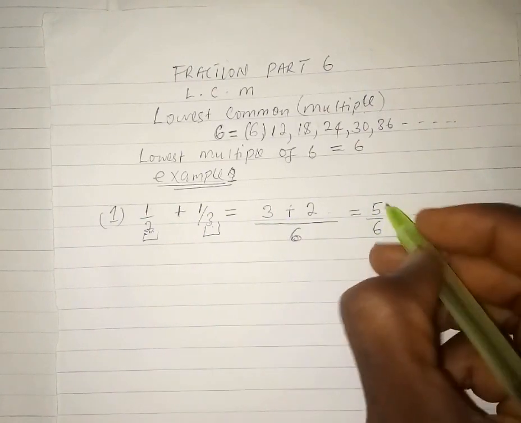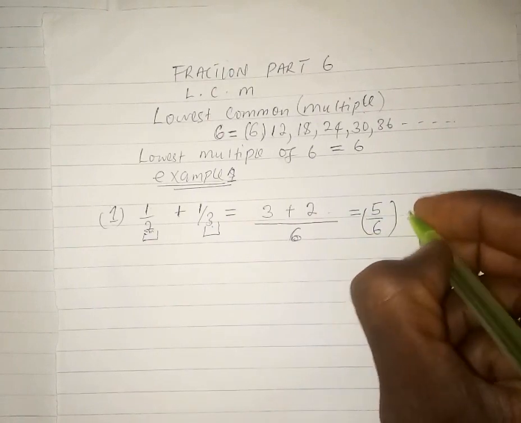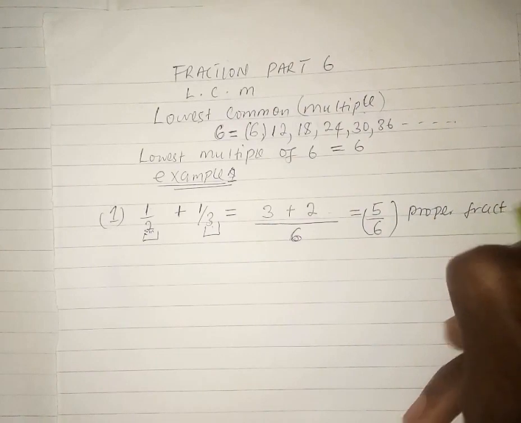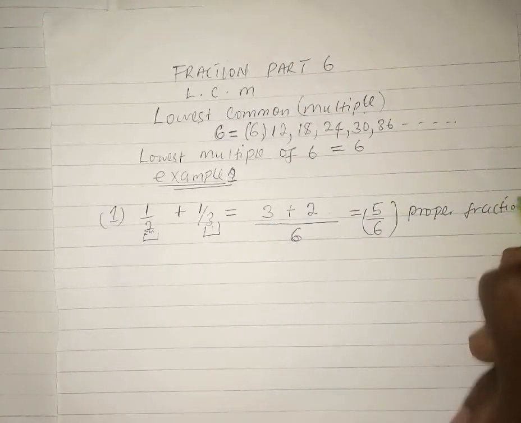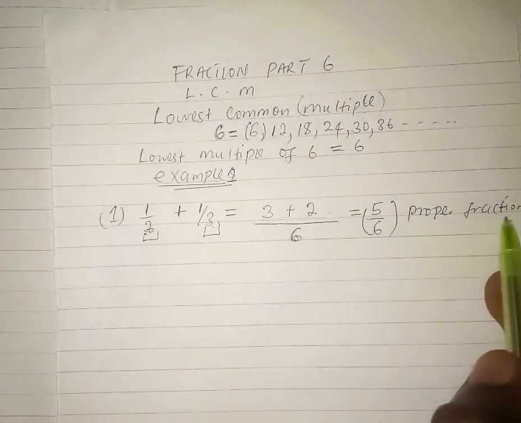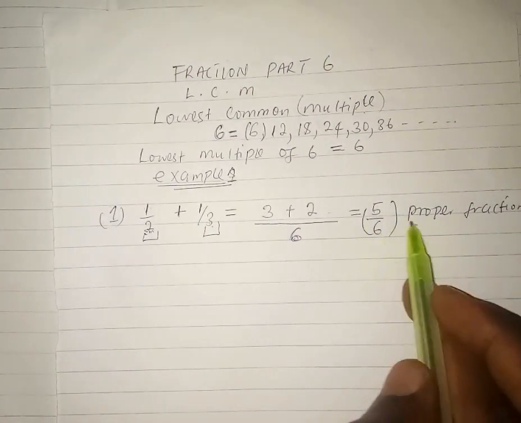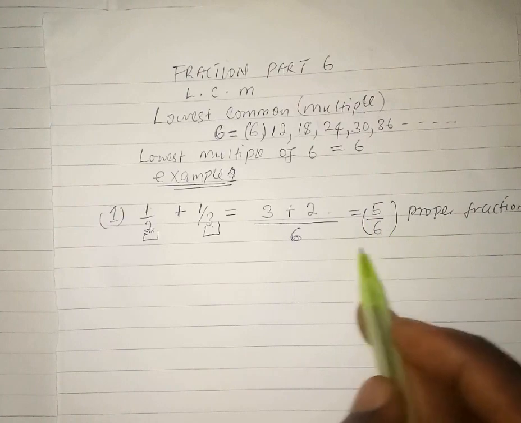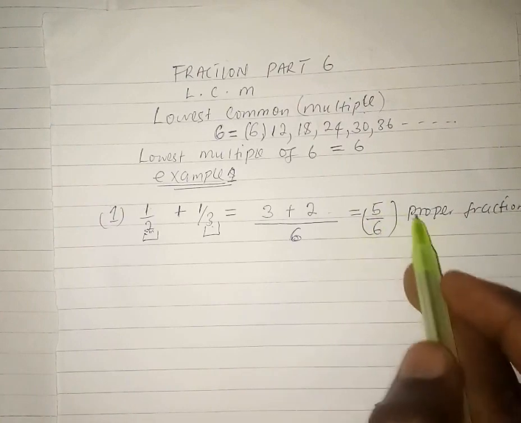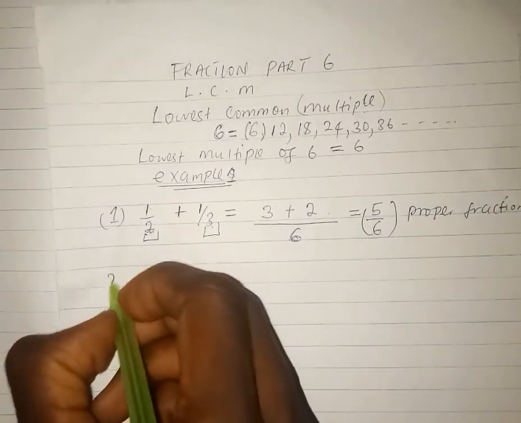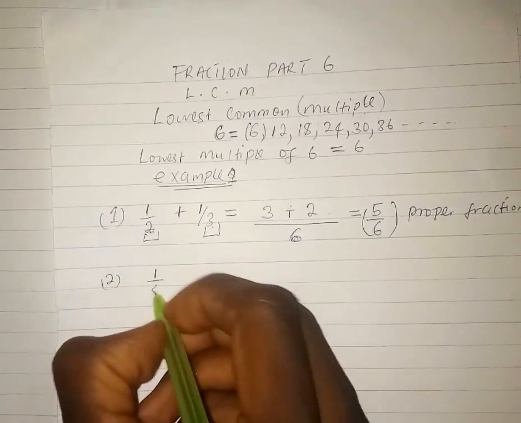And this is called a proper fraction. Why do you call this a proper fraction? Because the numerator is smaller than the denominator. In our previous video, I explained proper fraction, improper fraction, and mixed fraction.